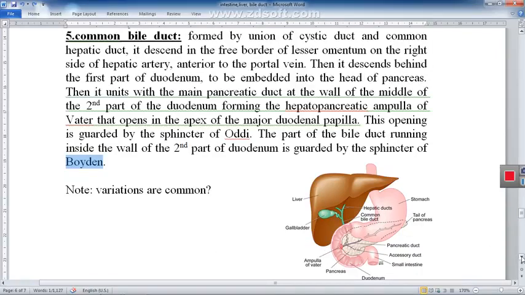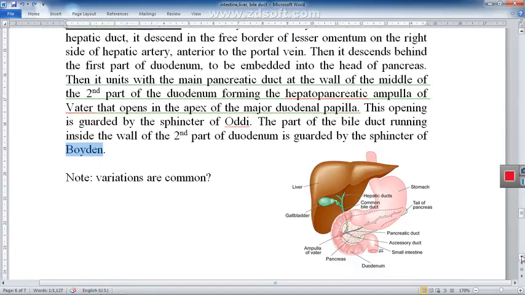This description is the classical description for the extrahepatic biliary apparatus. These are called extrahepatic biliary apparatus because they represent the bile ducts outside the liver. There are many bile ducts inside the substance of the liver that are called intrahepatic biliary apparatus.